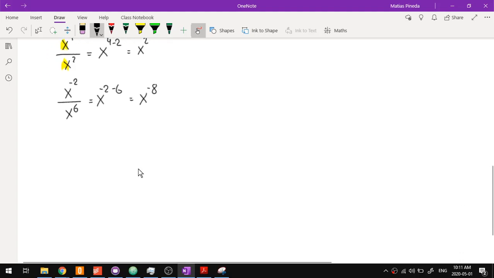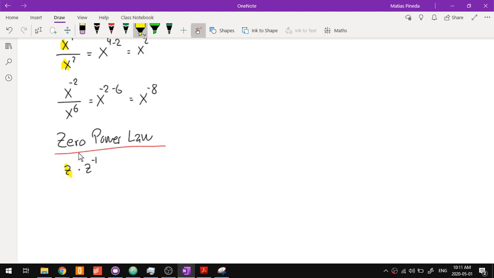Okay, let's have a look at the zero power law. So if we, for example, have a power that's just z times z to the power of negative 1. The first power here just says z.